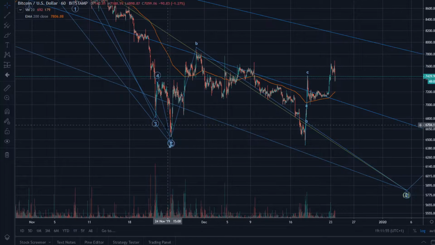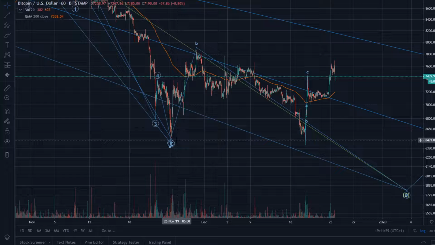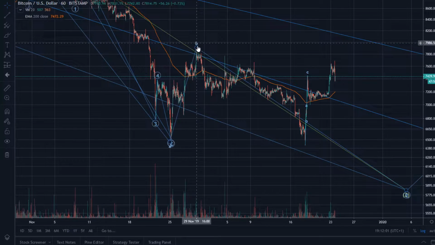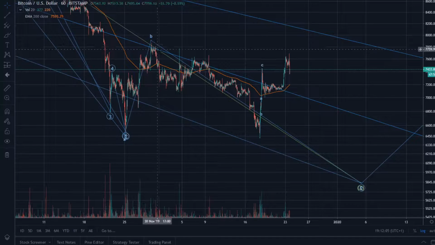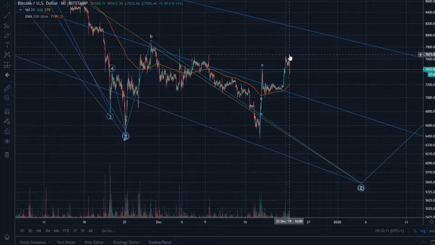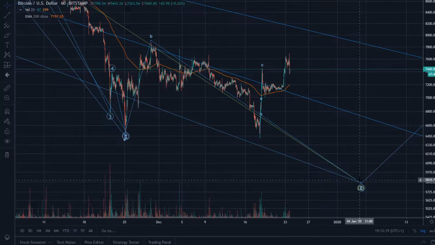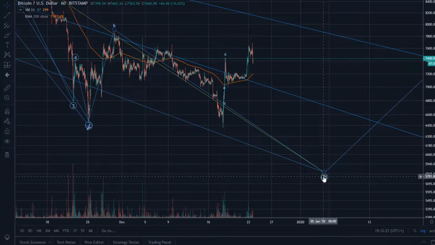So this cannot right now be the wave 4, so at the moment it has to be the wave B, which in turn means that either this is a move down, this a B move up, and one possibility is Bitcoin does not get higher and instead we go down immediately, basically towards this target of $5,800.